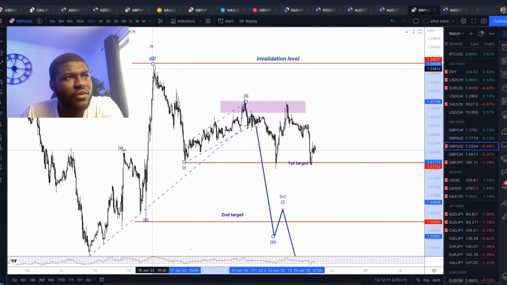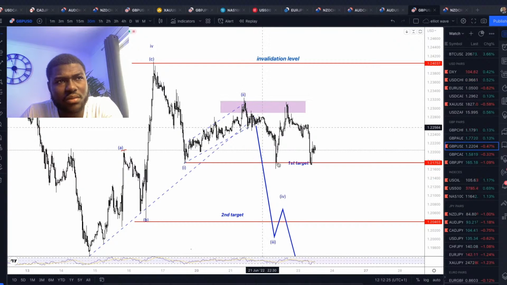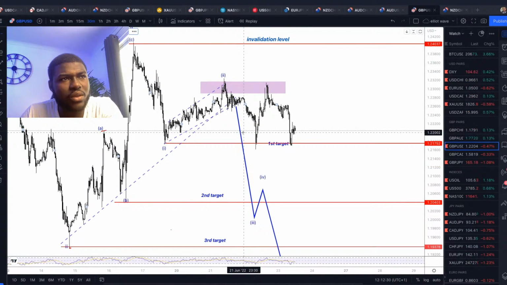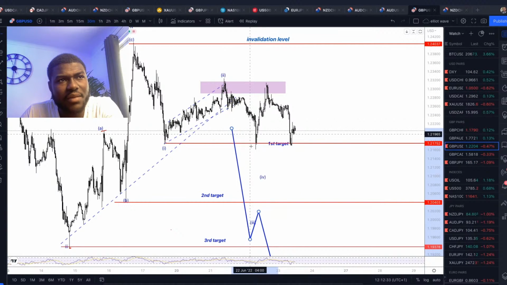But we know the whole of this is an impulse wave 1, because this is wave 1, wave 2 correction, wave 3, wave 4 to the upside, and then we have wave 5 pull to the downside. Then it was followed by a correction to the upside in terms of wave 2. Then I saw this to be a correction. Now this is where the question comes into play, because this looks like an ABC to the downside, so I can't call it wave 1 of something.